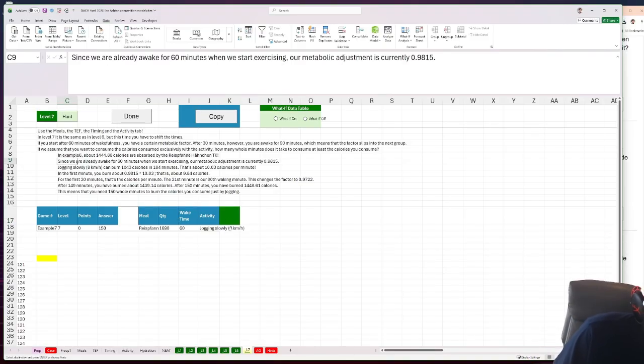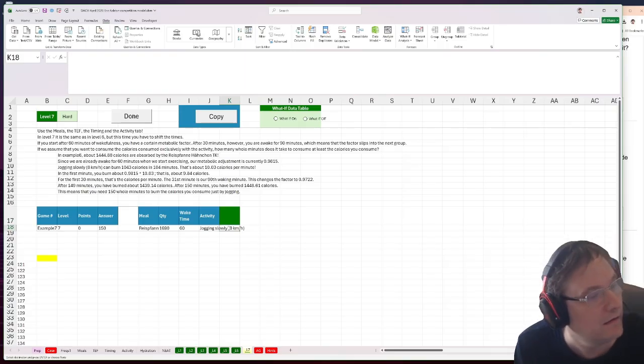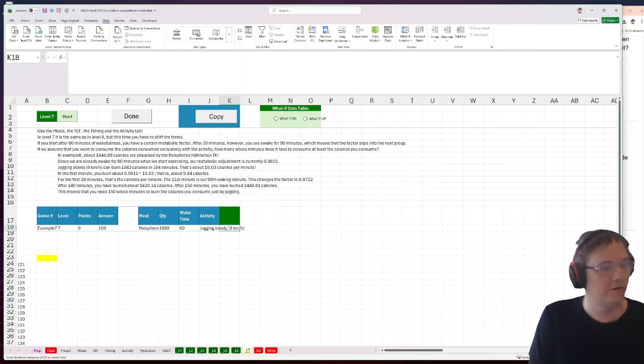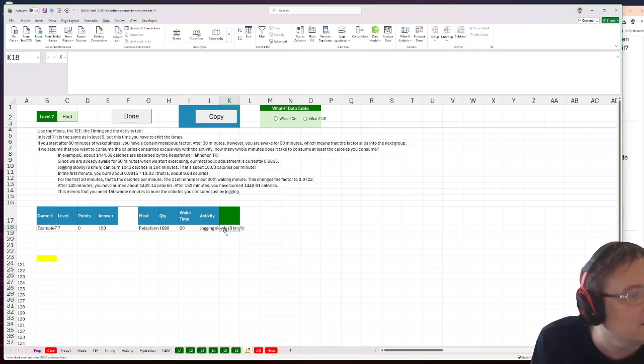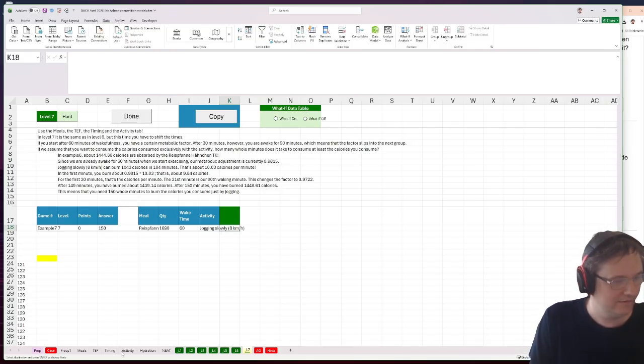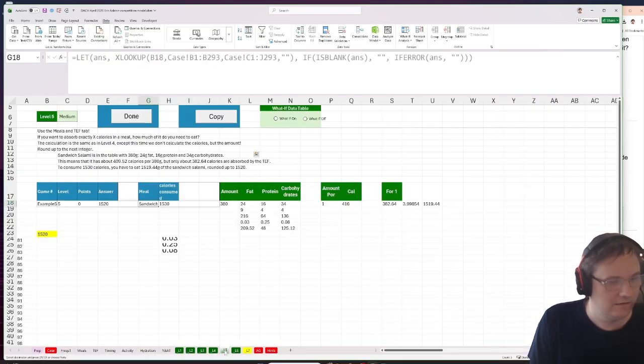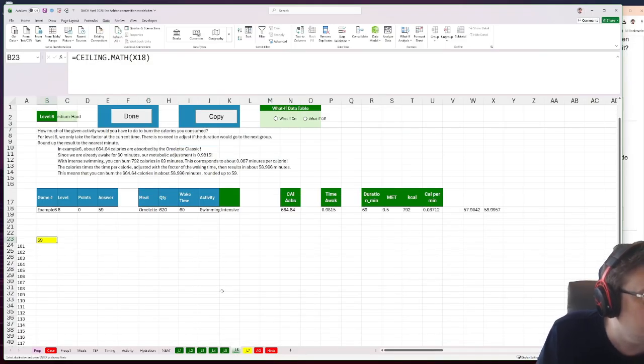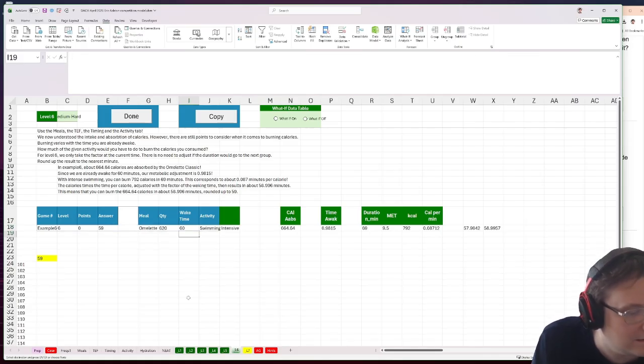Okay. Example 6, about 14 calories are absorbed by the activity. Did we do activities before? What do we do with activities?